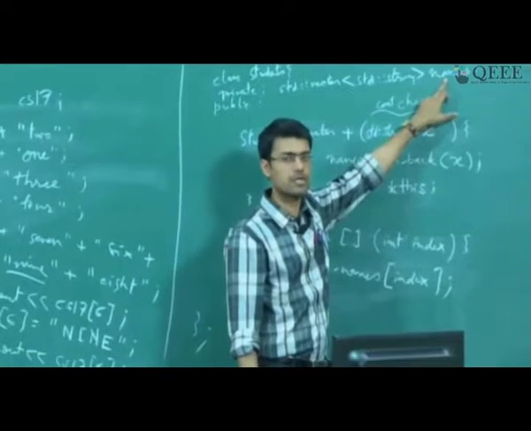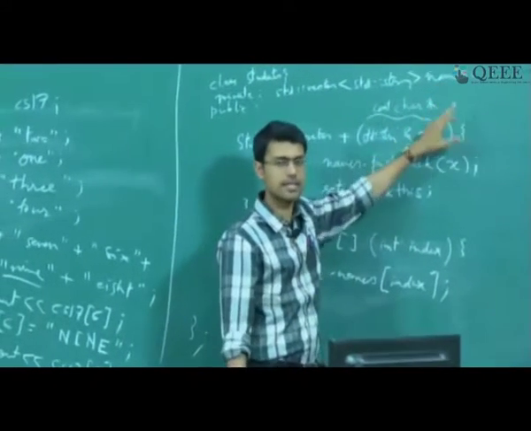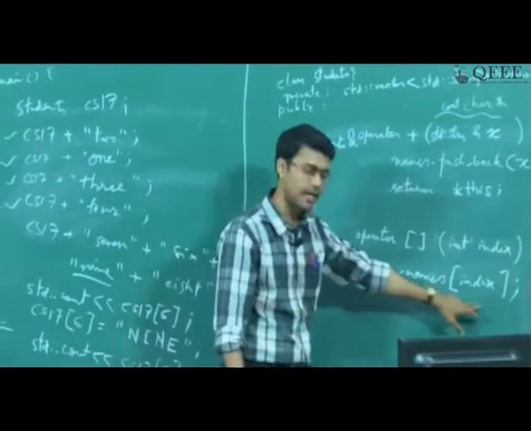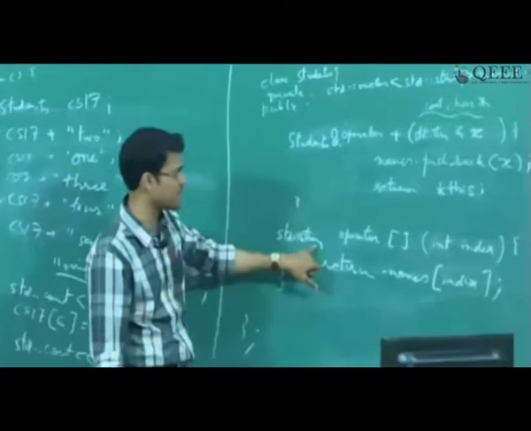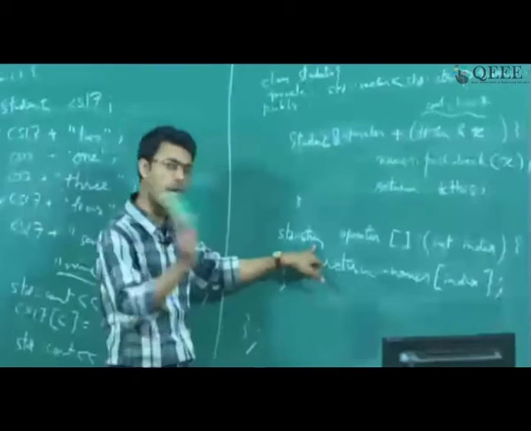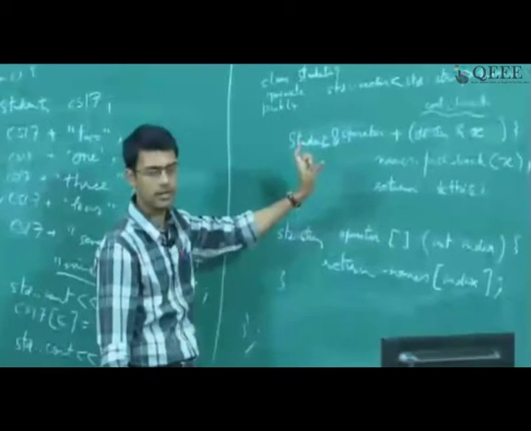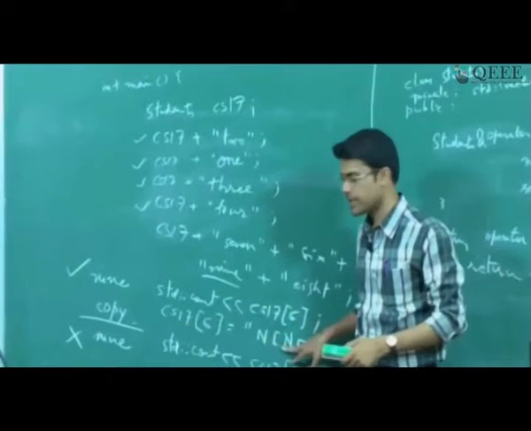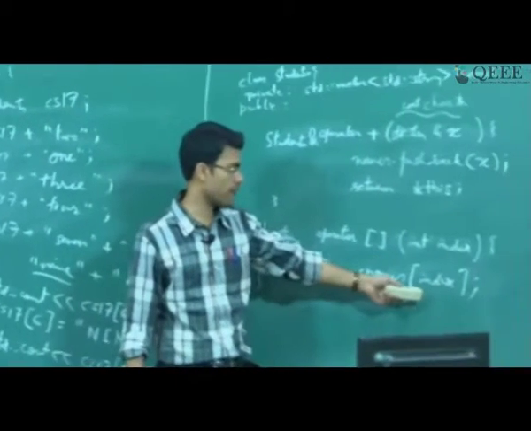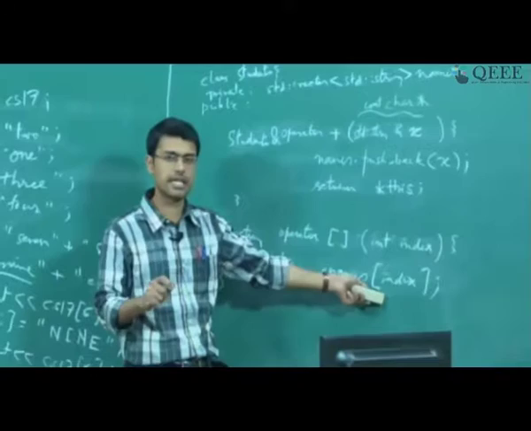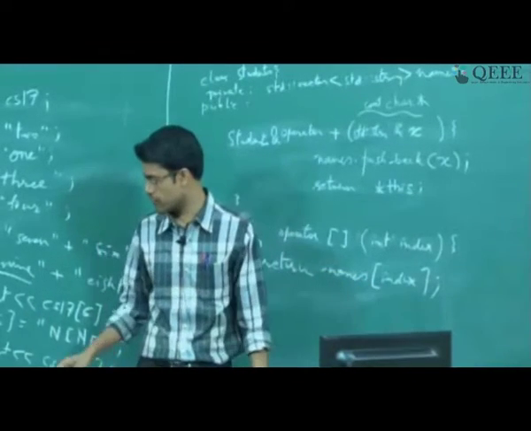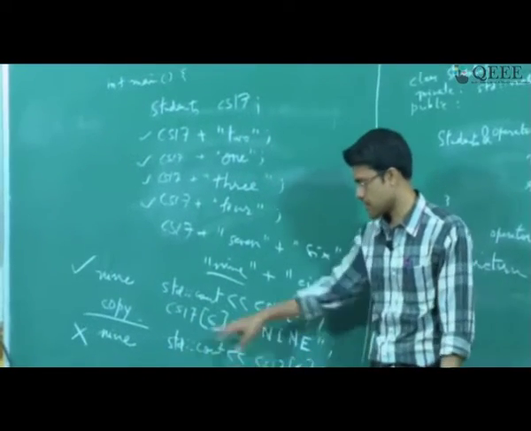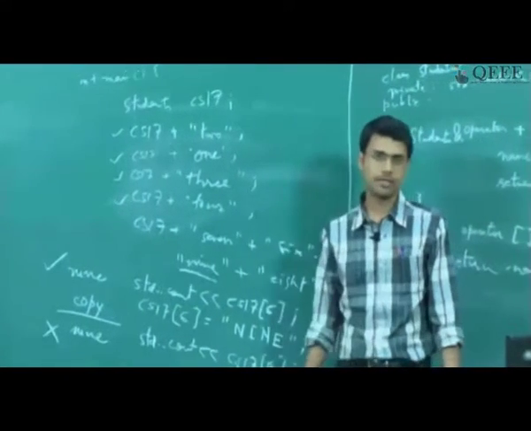We do not expect it to change a copy of names[6], and if that is the case, the operator that we have defined, what it is returning is names[index], that is okay, but since it is returning std::string, it is returning a copy of that particular string, the 7th element, and that 7th element's copy is going to get assigned the value NINE. As far as names[index], names[6] is concerned, that is still containing the previous value, which was this 9, and therefore when we try to print ch_29[6], it is still going to print small NINE.